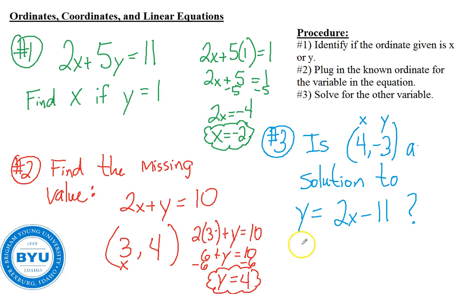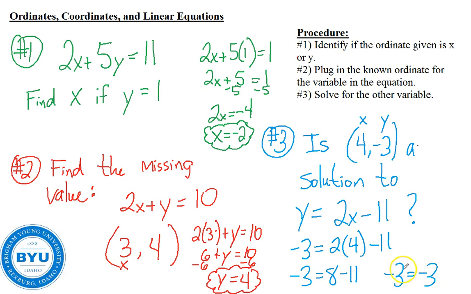Let's see, y is -3, so I get -3 equals 2 times 4 minus 11. So I get -3 equals 8 minus 11. Well, that's -3 equals -3. Because this is a true statement, then yeah, it makes sense. This point is on this line. It is a solution, and we would say yes.